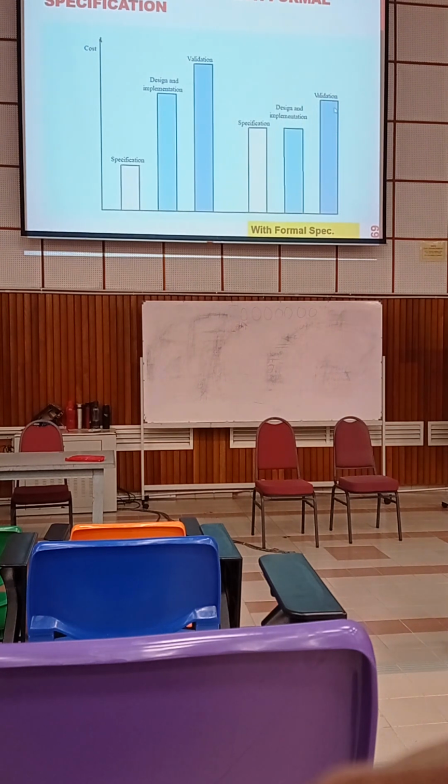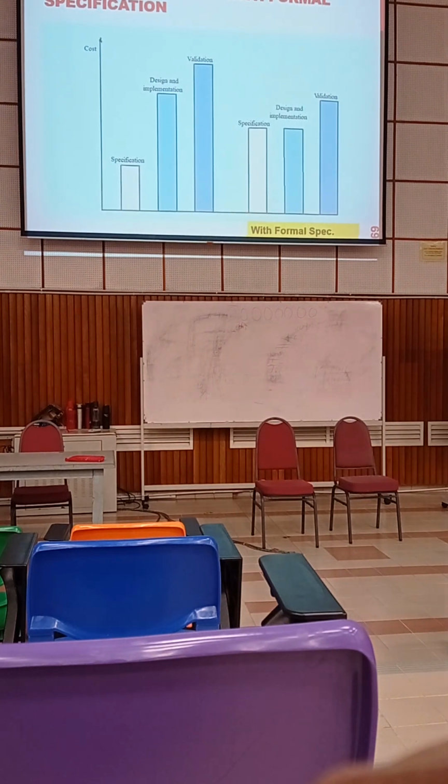But later on, in your design, you can reduce the cost because the specification can be like 99% error free. It can ensure the requirements are accurate and precise. So during the validation you have not much work to do, not much rework.